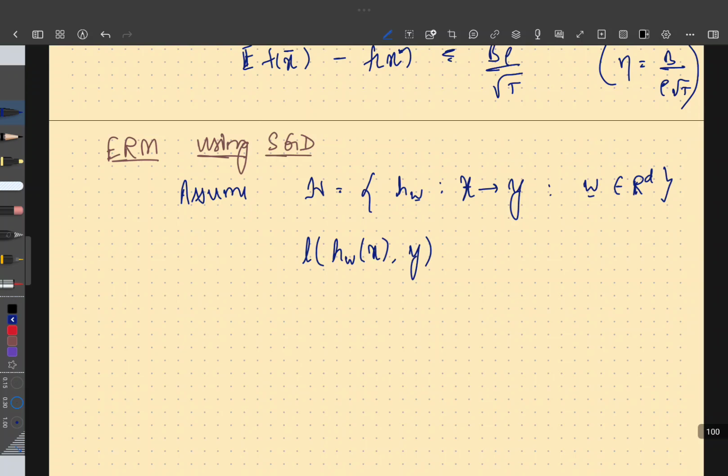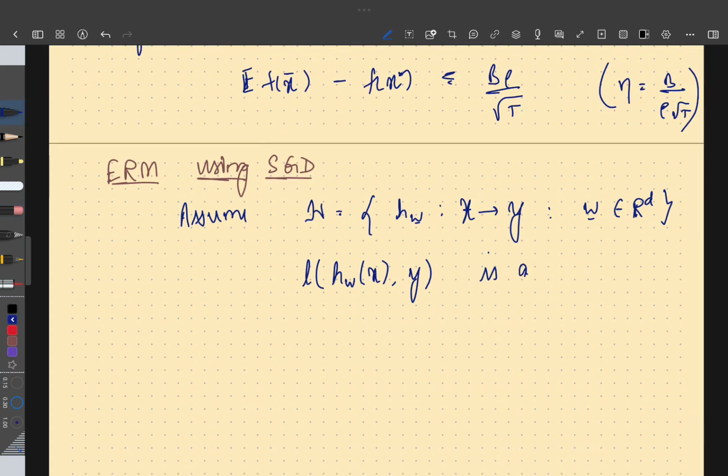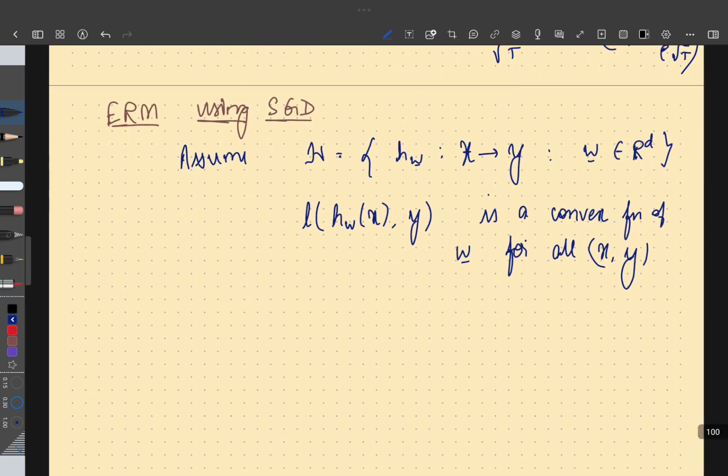It could be any learning problem where the loss function as a function of W is convex. So for every (x, y), the loss function should be a convex function of W.